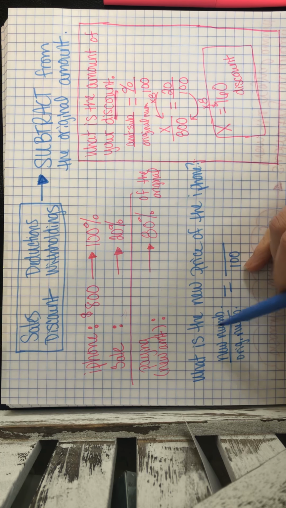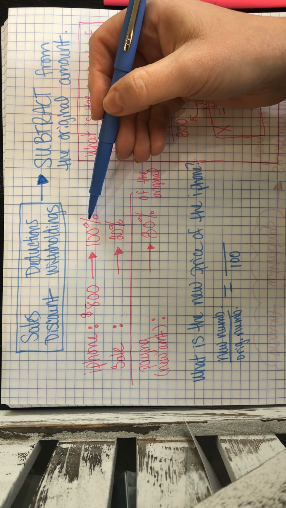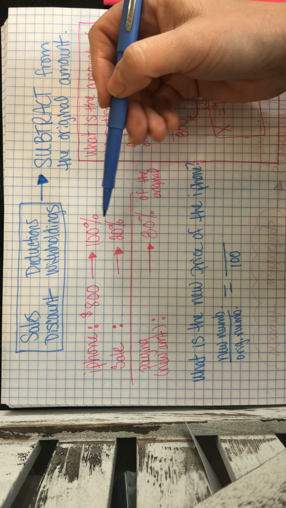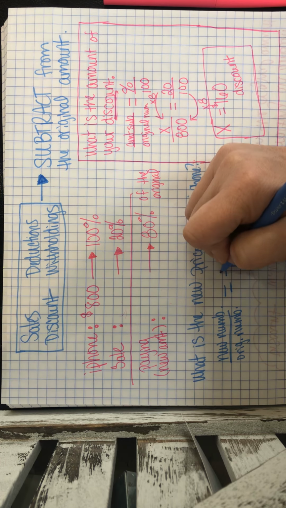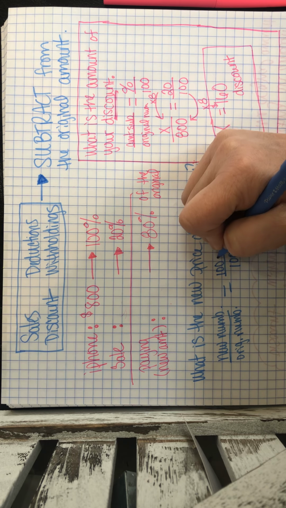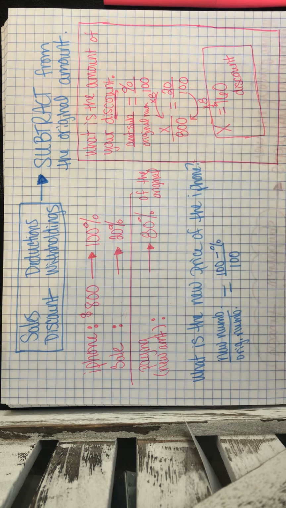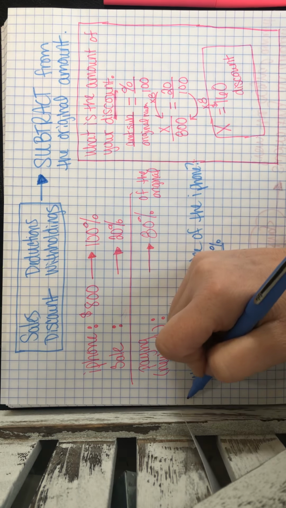Our new number though is what we would pay minus the discount. So in this case, it's 100 minus whatever your percentage is. That's what you're going to use.